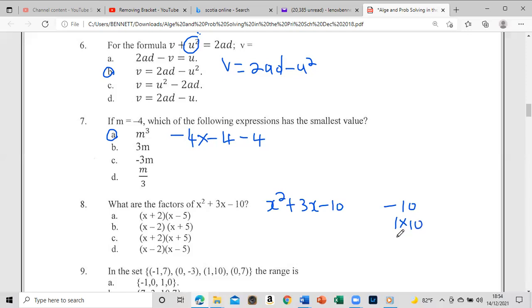No, sir, but it figures +3. So it'll be -2 and 5 give +3. When 2 times 5 is -10. -2 times 5. Awesome student. So you have to have confidence, man.